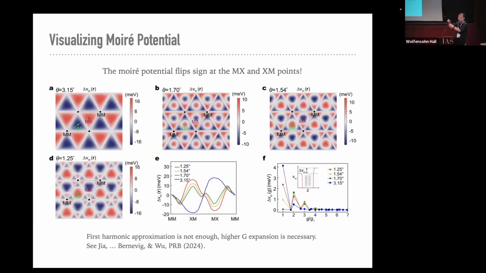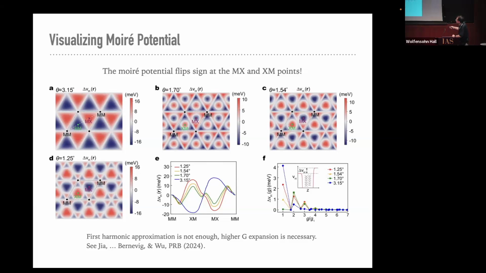So that roughly tells you the Z component of the pseudo-spin skyrmions. Now let's look at that. You can see that this is at a large twist angle, 3.15 degrees. XM is blue, so it's pointing in plane, and MX is red, pointing out of plane. So that's my North Pole and the South Pole, and it's very regular. And if you do a Fourier transform, you're going to get the first harmonic.